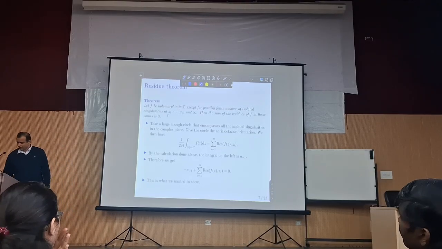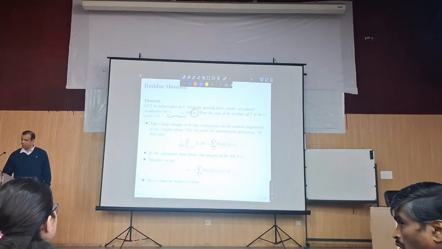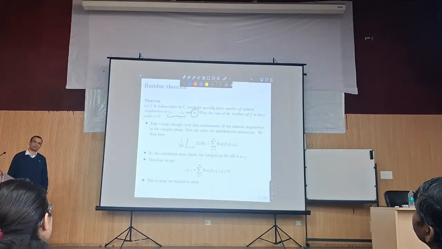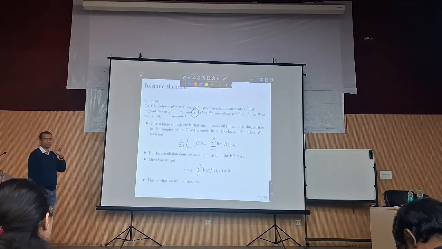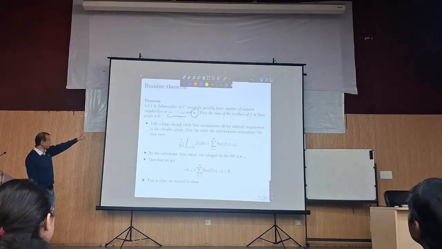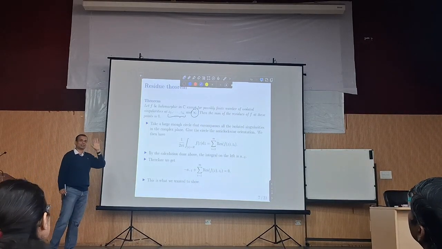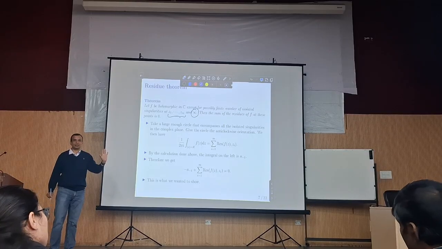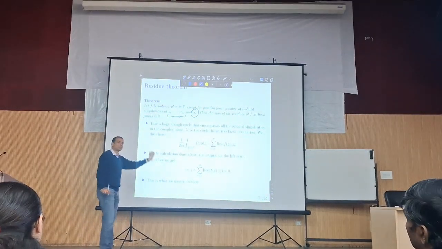So there are finite isolated singularities, but you also consider infinity as a potential isolated singularity. Then what Cauchy's theorem tells you is that the sum of residues of f at these points, including z1, z2 up to zn and infinity, the sum of the residues is always 0.